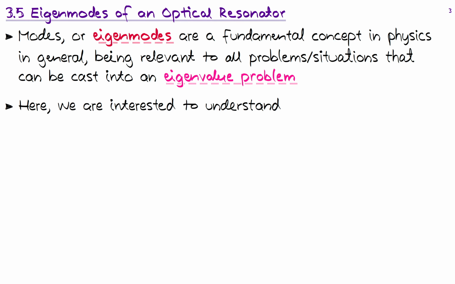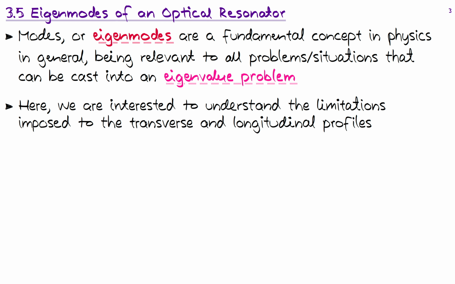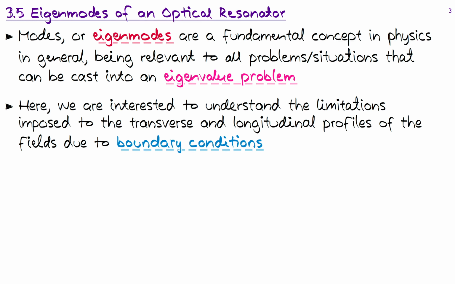Here we want to understand what limits the imposed transverse structure and longitudinal structure of fields within the cavity. So basically, how the boundary conditions imposed by the mirrors of the cavity limit what kind of field distributions we may have and what kind of resonant frequencies we may have within our laser resonator.